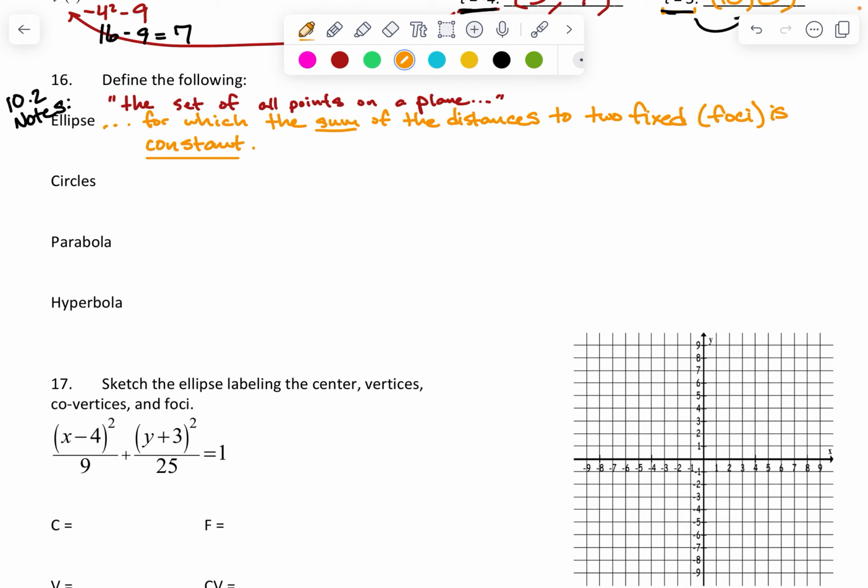We didn't go over a circle a whole lot, but it's because a circle is the one you're most common, or you're most familiar with.